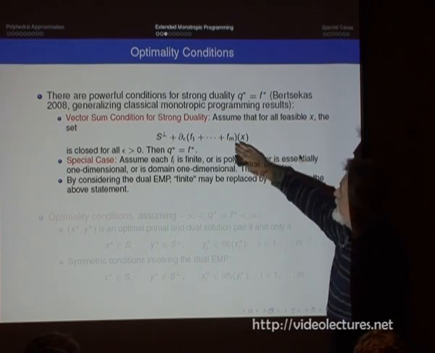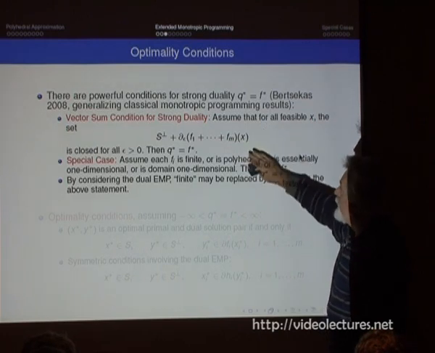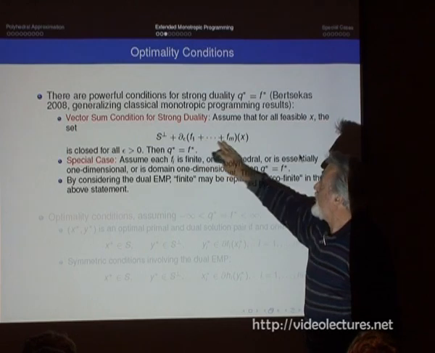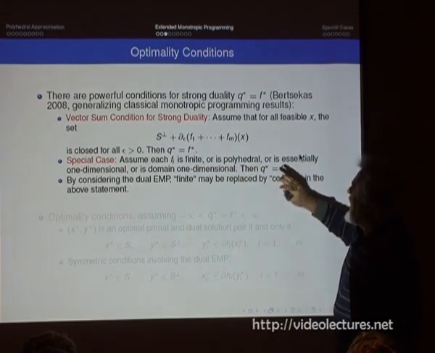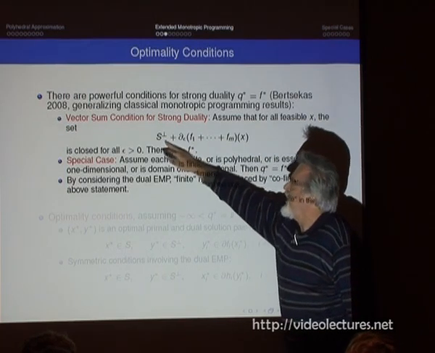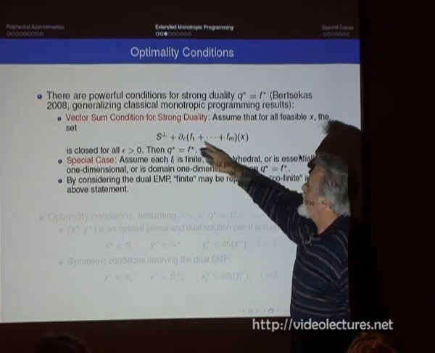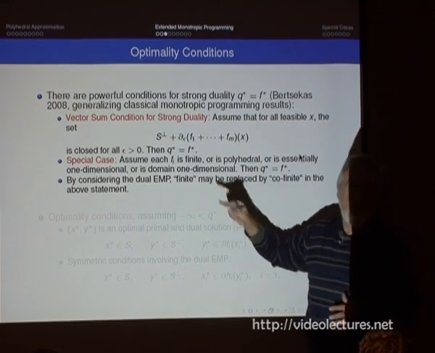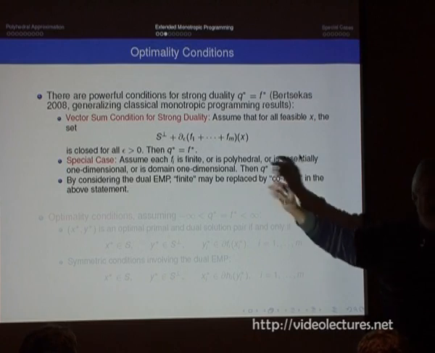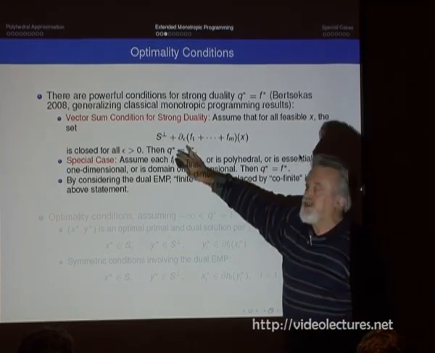There's a certain vector sum condition, which is in my paper, which involves something called the epsilon subdifferential of this function here. If the vector sum of the orthogonal complement of S and this epsilon subdifferential is closed, and vector sums of closed sets are not necessarily closed, but if they are closed, then you have strong duality.